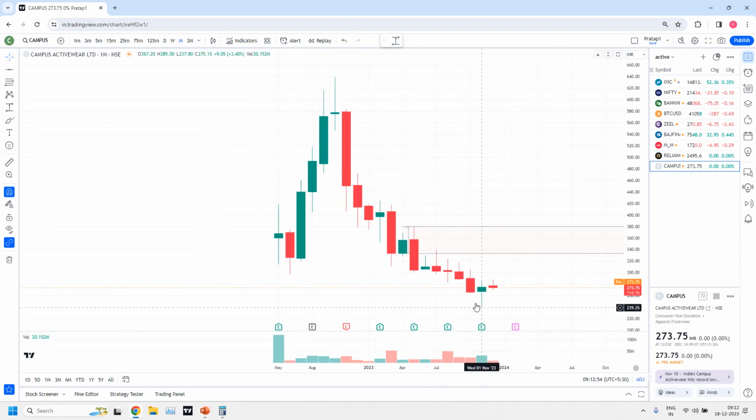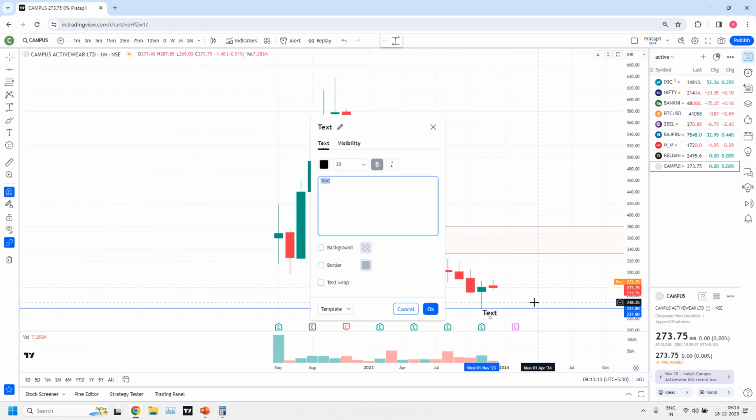But is it having any demand zone, monthly demand zone? No, it is not having a monthly demand zone because we have an all-time low candle here. So let me draw a horizontal line that indicates the all-time low. So let me mark with the text this all-time low. ATL indicates all-time low.